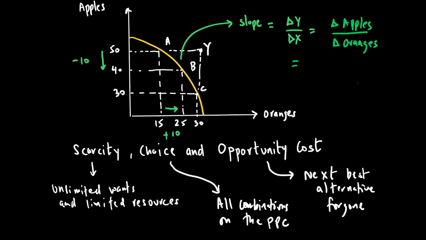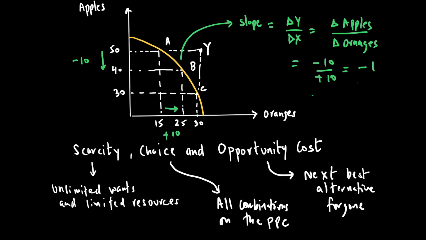So which is minus 10 over plus 10 when I go from A to B, which means minus 1. So minus 1 would be my opportunity cost, which means that when I go from A to B, every time I get 1 of orange, I lose 1 of apple, because that's minus 1.